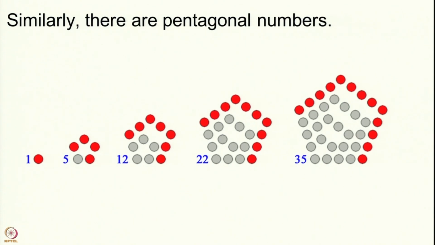So, we see that as you go on increasing the size, here this is P1, P2 is 5, P3 is 12, P4 is 22, P5 is 35 and so on. So, for every n we have a pentagonal number, and there is a formula that one can write down for the pentagonal numbers.